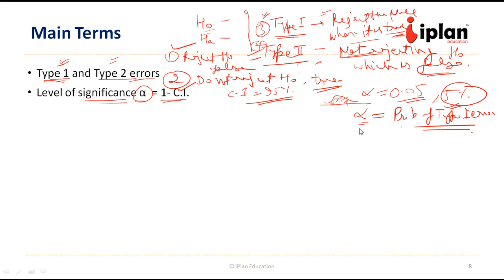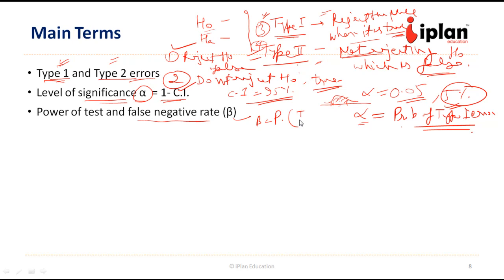On the other hand, we have type 2 error for which we have false negative rate. So beta is probability of type 2 error. We call it false negative rate. That is not rejecting a null hypothesis where it is false. So that is a probability of type 2 error. And if we say power of test, what is the power of the statistical test? It is 1 minus beta.